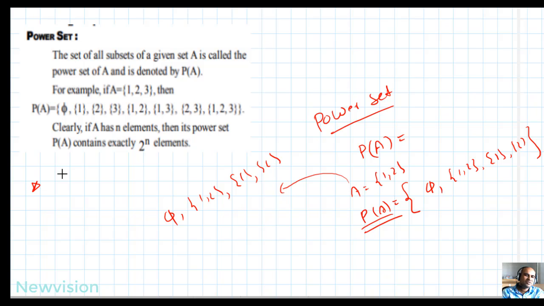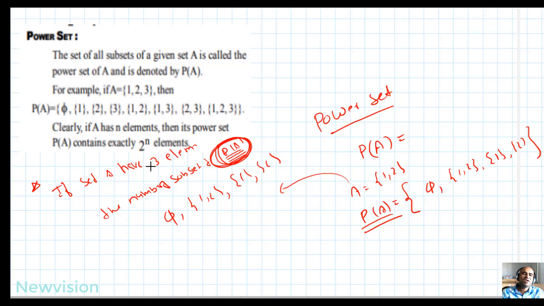Example, students, this one is important. If set A has 3 elements, then find the number of subsets of P of A. First of all, you want to find how many elements exist in P of A. A having 3 elements means P of A will have 8 elements. n of P of A becomes 8, the number of subsets of A. So what is being asked?